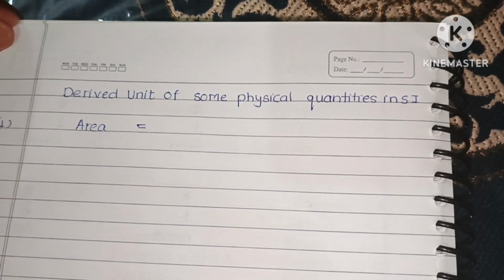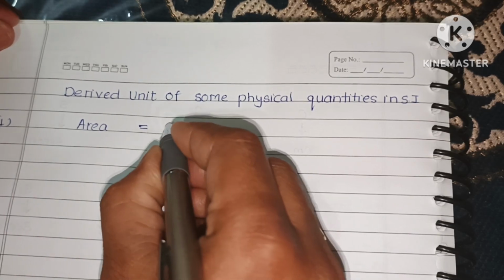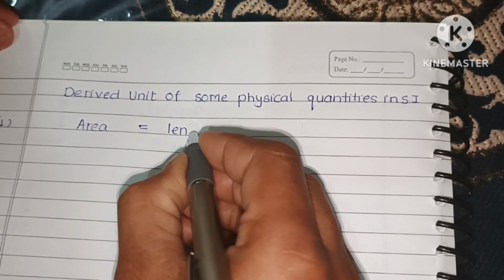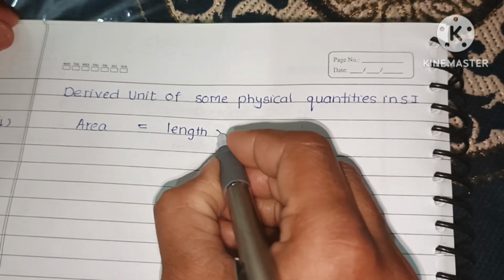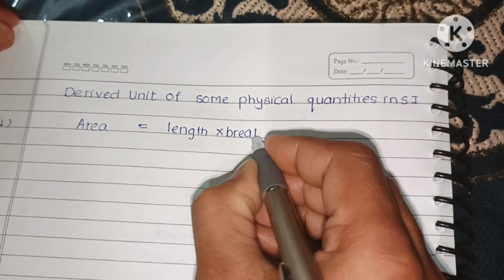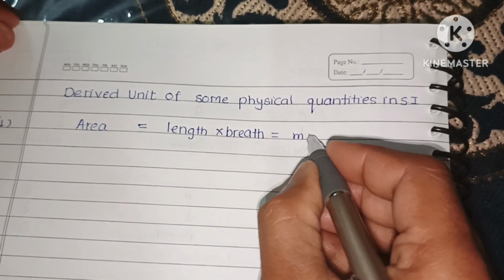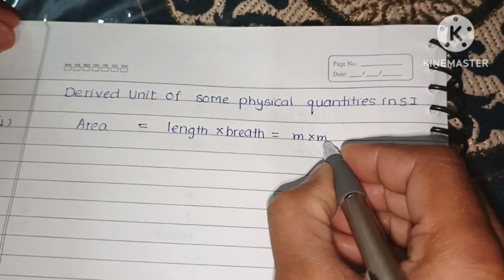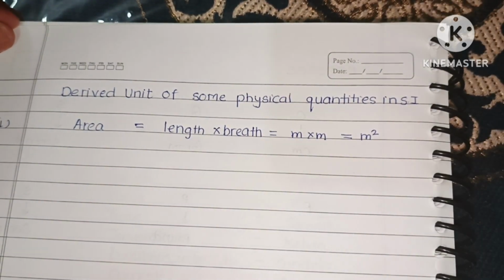What is the formula? Length times breadth, so meter into meter, so that is meter square.